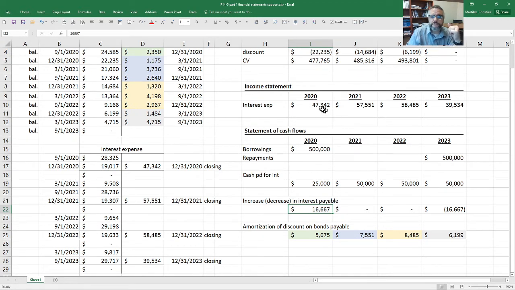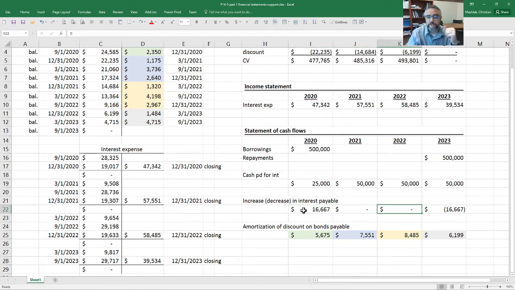It is an interest expense that's greater than the actual cash outflow, because the interest expense is obviously expensed in the period, so it's going to make your net income lower, but the cash didn't flow out. So in order to reconcile beginning and ending cash, we need to recognize that in 2020, we had an increase in interest payable from 0 at the beginning of the year to 16,667 at the end.